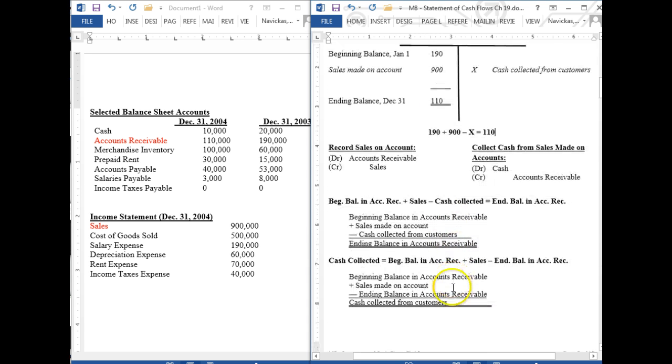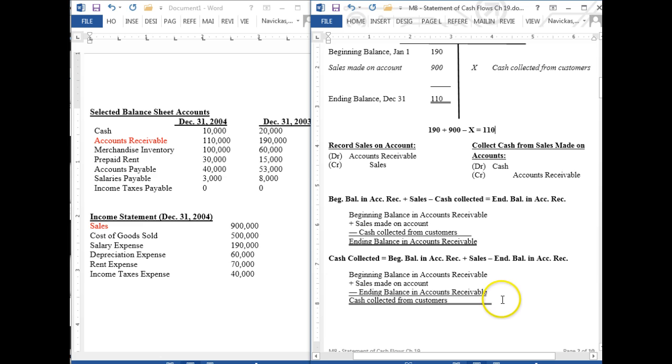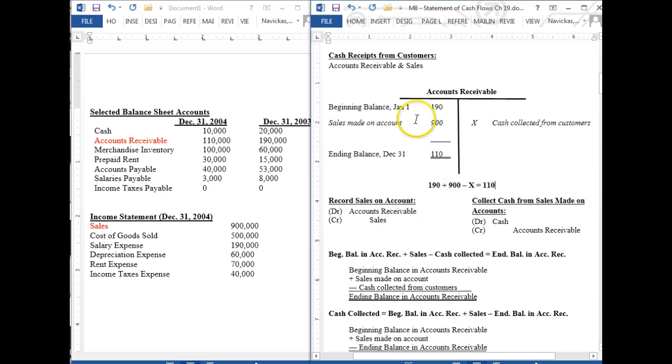Now, I've only had one student in 6 years of doing this that preferred the formula approach. They actually memorized all the formulas. That's fine, but I think this is the best approach to use. Make the T account, put the balance in, pick your income statement item that's articulating with it, and then plug it in.